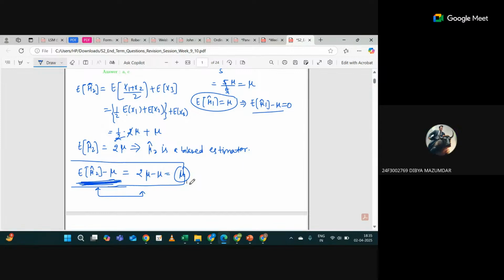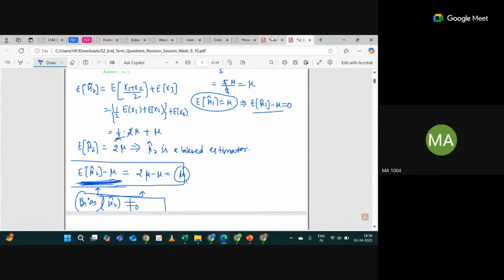Yes, visible, sir. Okay, so are we getting 0 here? No. What is this? The bias of mu2 hat. Did we get 0? No, right? This is not always true, that's what we are trying to say. If it is equal to 0, it is unbiased. Otherwise, there is some bias. Bias is there. Understood? When the bias becomes zero, it will be unbiased.